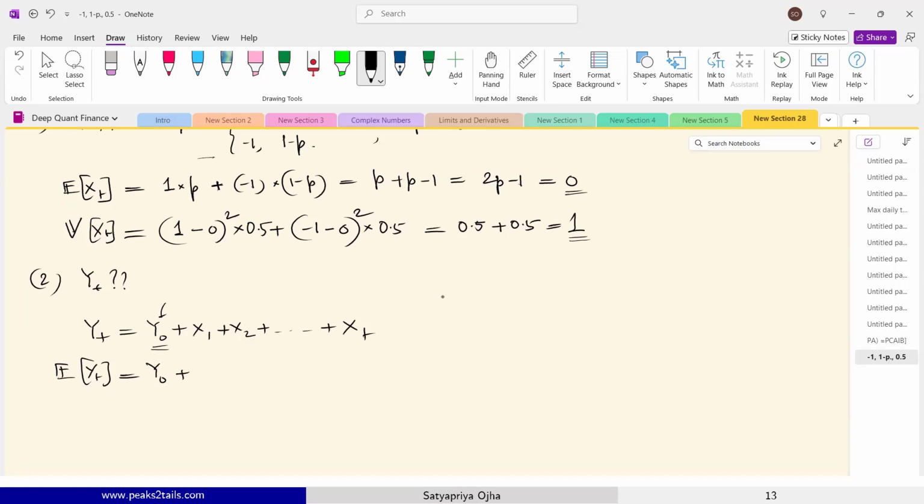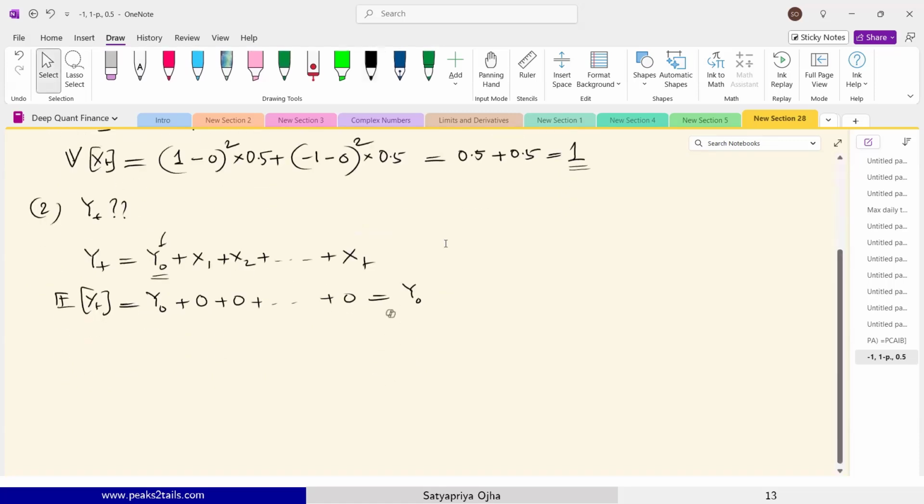Expectation of x1, all xt's have expectation of 0. So your expectation of yt is y0, which means on an average, you are supposed to be exactly where you started with.